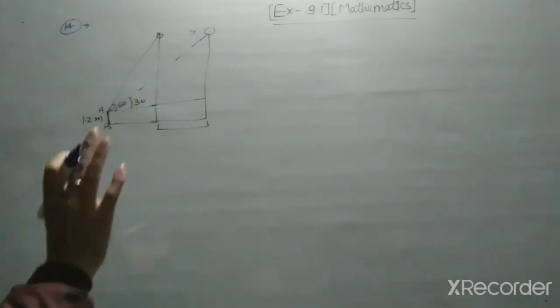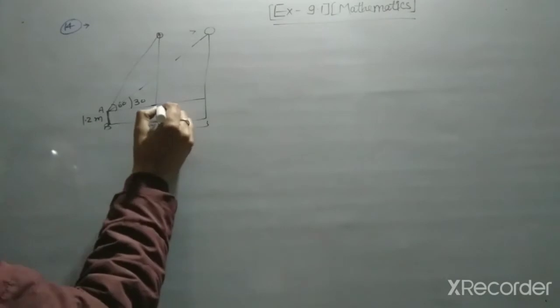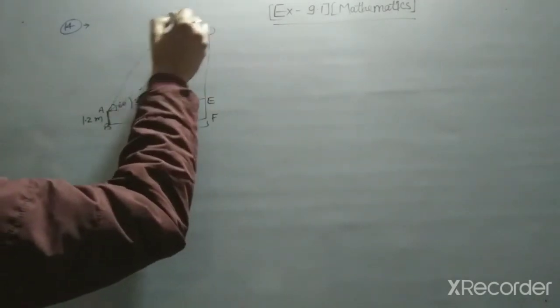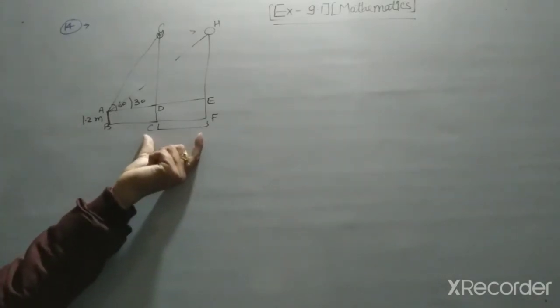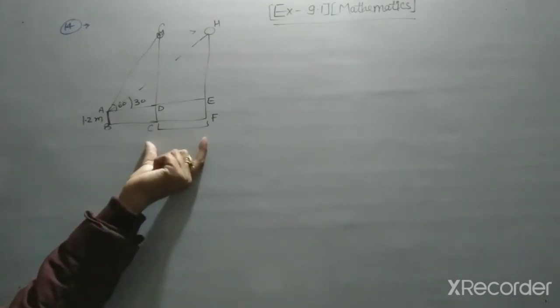Okay, then you have to name these points, like A, B, C, D, E, F, and this is G and H. Okay, and this is your actual condition given there. So you have to find the distance traveled by the balloon.